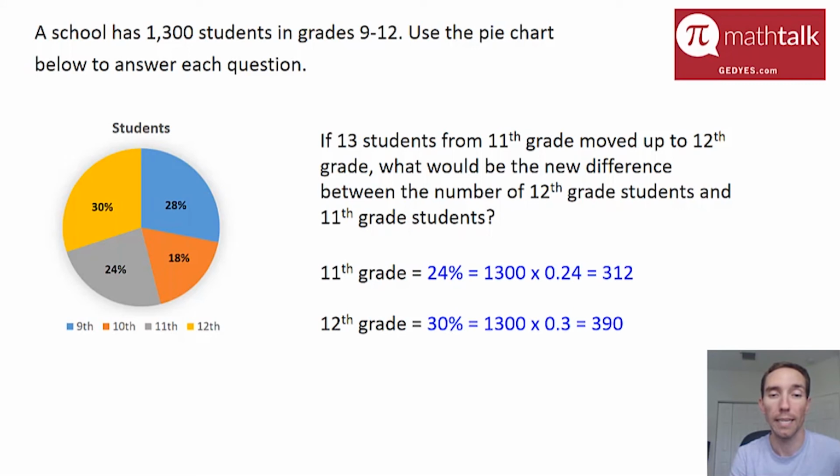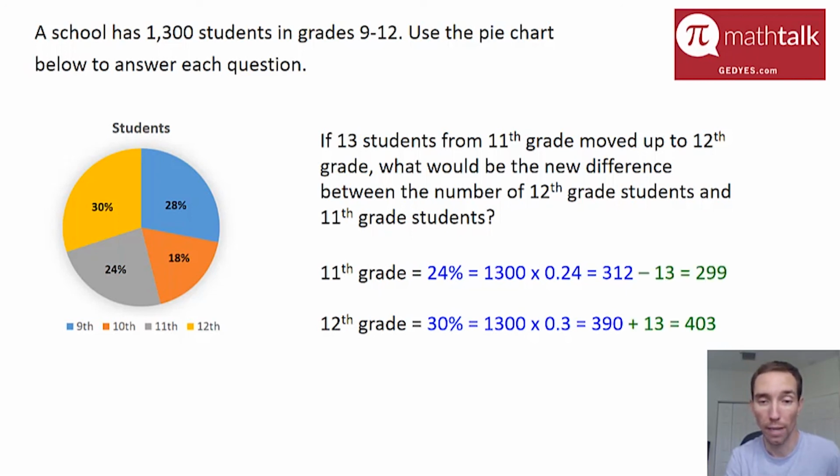So just like in the other example, I have the percentage of 11th and 12th grade students. I'm going to multiply each of those by 1,300. So for 11th grade students, 1,300 times 0.24 to figure out 24%, and then 1,300 times 0.3 to figure out 30% for 12th graders. And this is the number of 11th and 12th graders there currently are. So now it's saying if 13 of those 11th grade students moved up to 12th grade, that means I need to take away 13 of them from 11th grade, and I need to add 13 to 12th grade.